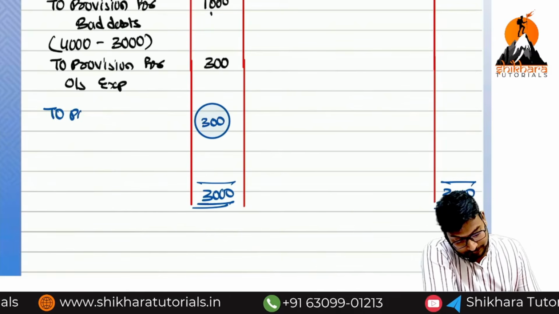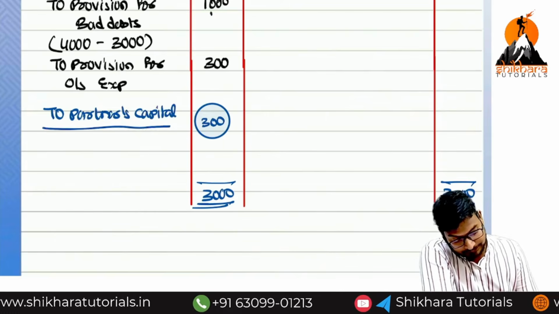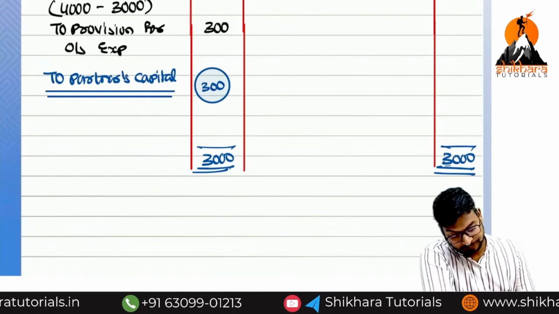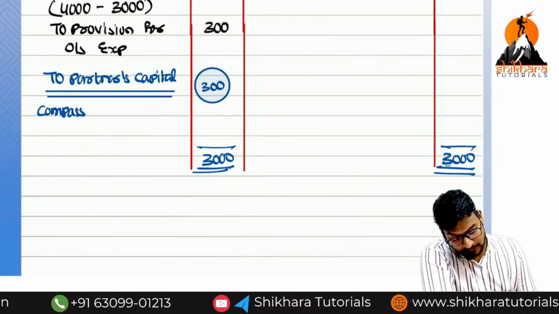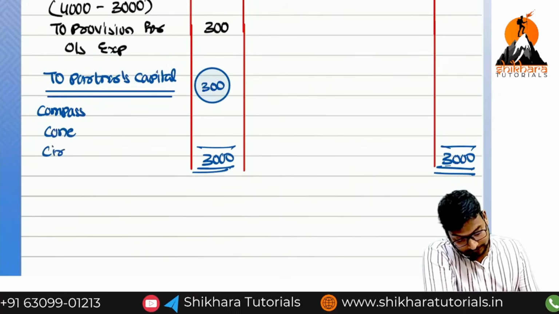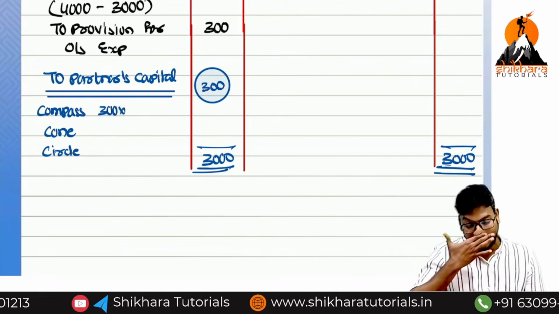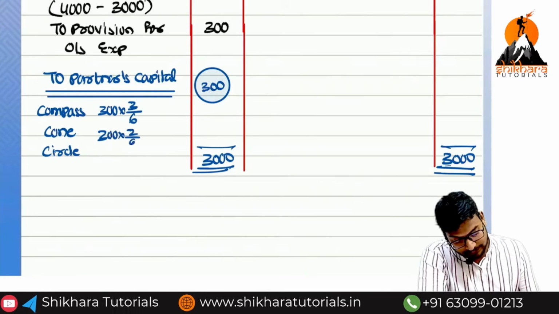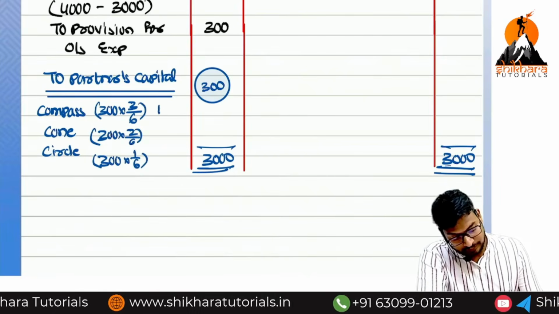So to partners' capital accounts. 300 into 5 by 6. 300 into 2 by 6. 50.